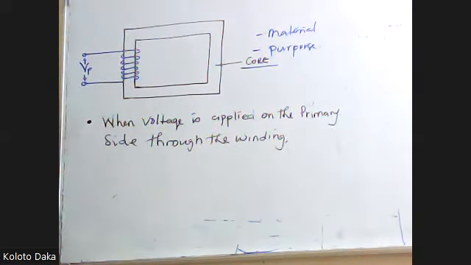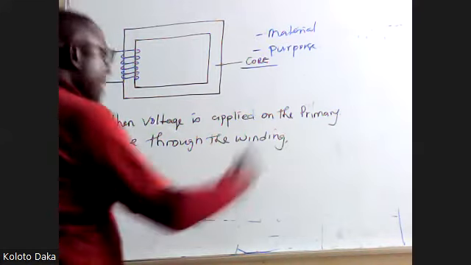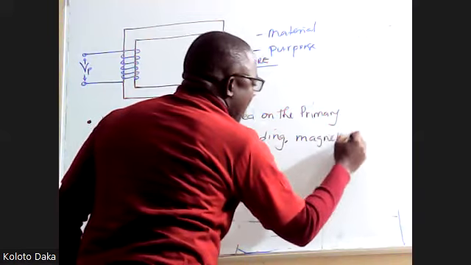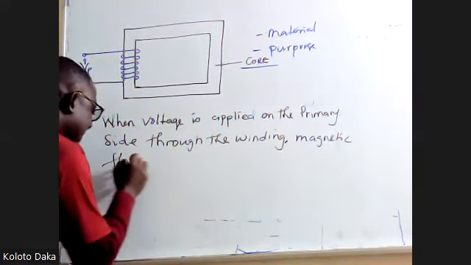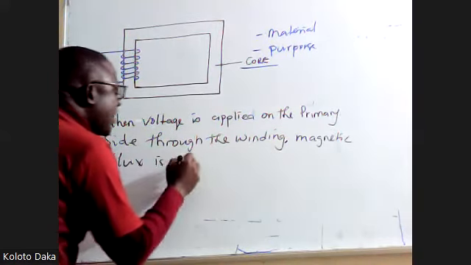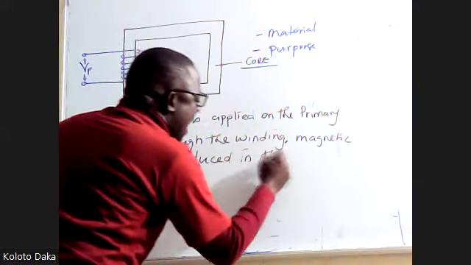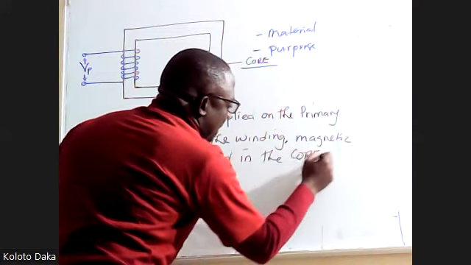When voltage is applied on the primary side through the winding, what happens?